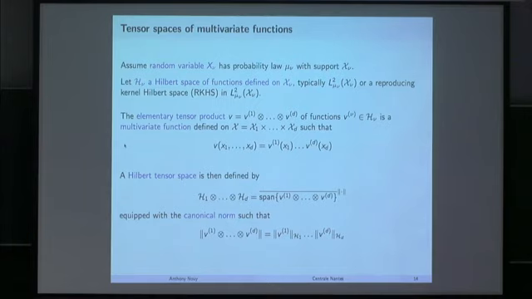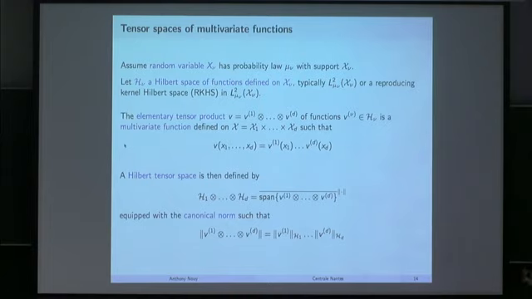So here, what I will use for the result I will show is the tensor Hilbert space associated with a canonical norm, okay, which is a unique norm associated with an inner product satisfying this cross norm property. Okay, the norm of an elementary tensor product is the product of the norms of the individual functions.